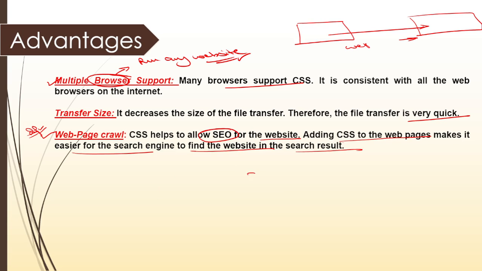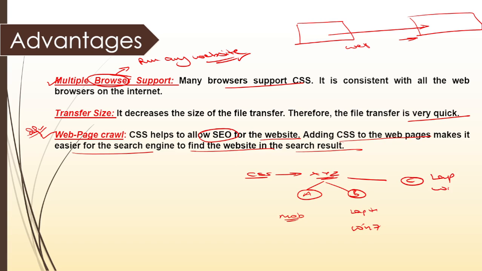For example, if I am using CSS on my XYZ website, and suppose user A is running this website on an Android mobile, user B is running it on his laptop, let's say Windows 7, user C is running the same website on a laptop with Windows 10, and user D is running the same website on, let's say, an iPhone. So with the help of CSS, we get compatibility with multiple devices.